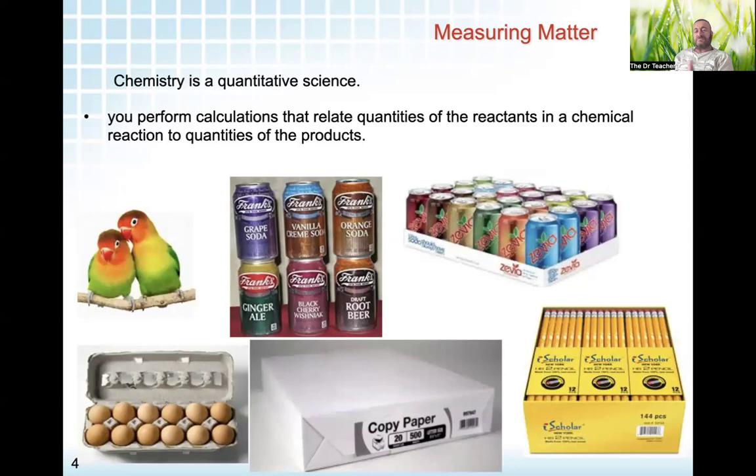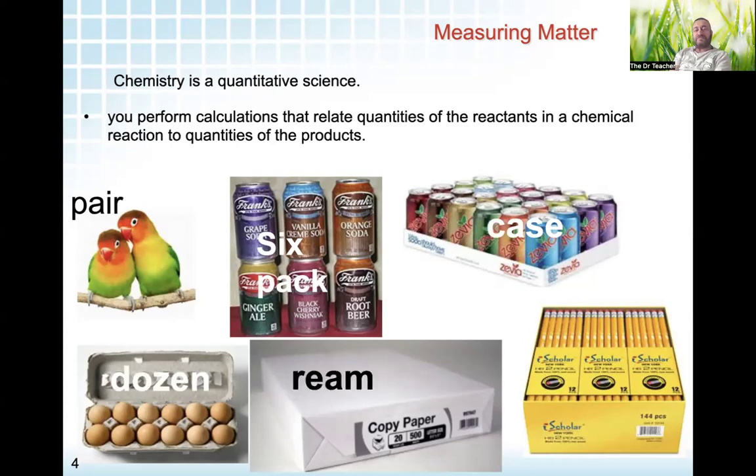Here you have pencils, cans of fizzy drinks, copy papers, eggs, or parrots. You can count them. So we have a pair, a six-pack, a case, a dozen, a ream, or a gross. You can name the pack with different names.